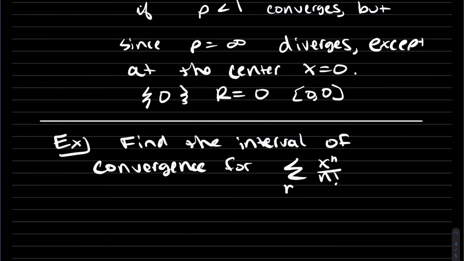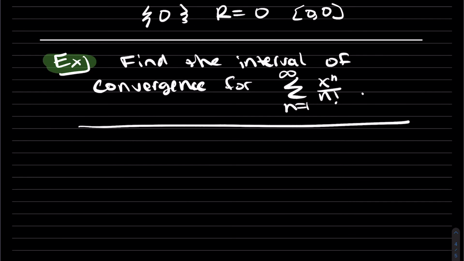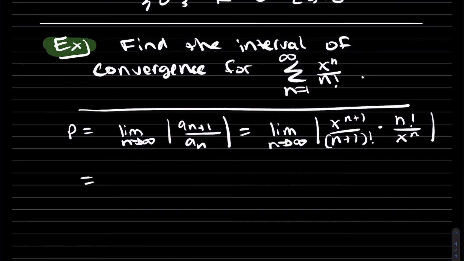Okay, so same thing. P is basically the limit as n goes to infinity of the absolute value of a to the n plus 1. Plug it in. Flip and multiply. Rearrange.